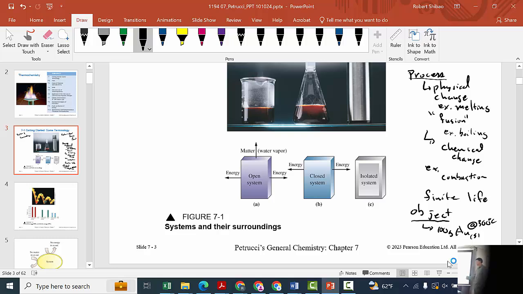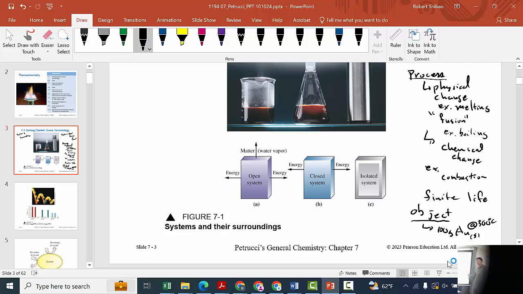And what I could do to my system is I could add energy. If I add energy to this, what's going to happen? It's going to get hotter. Let's say I take away or remove energy from this, it's going to get colder. But it's still gold, hopefully, right?